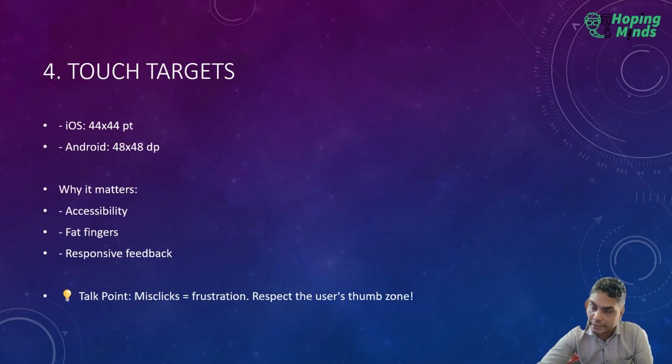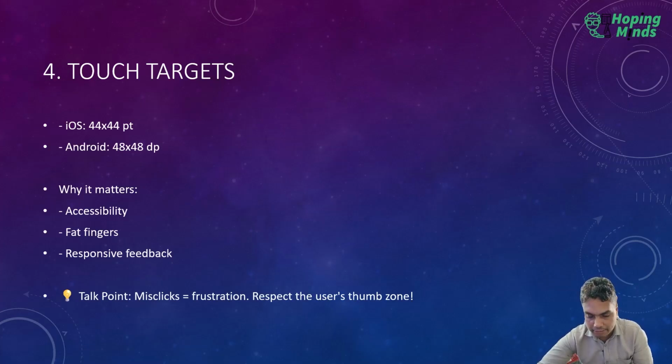So, touch target. If you see, this is parameter-wise the sizes of each point. I don't think this matters a lot, because in Figma you're already using pixels. But you can decide how big or small your element should be.